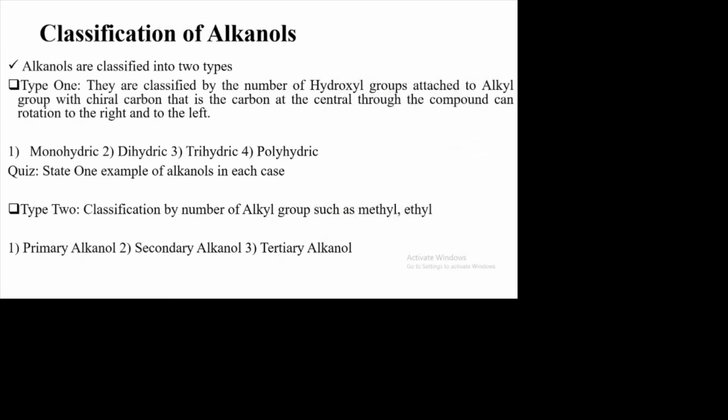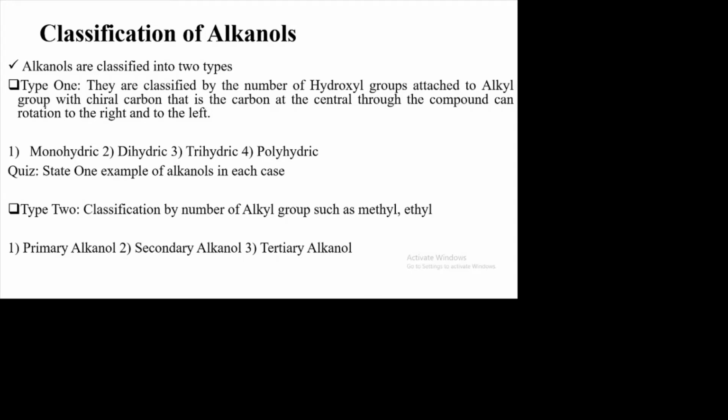Now, what are the classes of alkanols? Alkanols are classified into 2 types. Based, number 1, on the number of hydroxyl groups attached to alkyl group. So, when you have one OH attached to alkyl group, we call such alkanols monohydric alkanols.